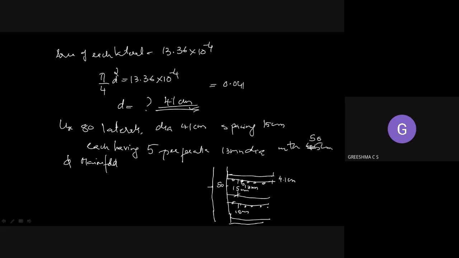Now the last one is you have to design the wash water trough. Okay, we have to design the wash water trough. So we are assuming that wash water trough is placed at a distance of 1.1 meters.